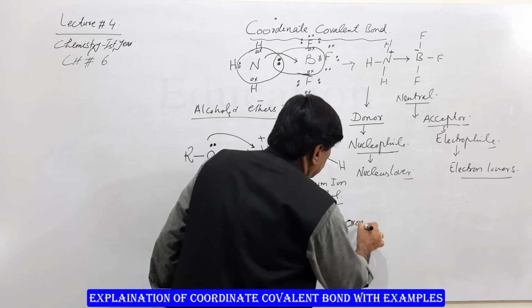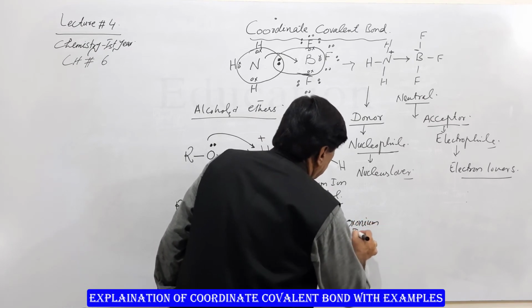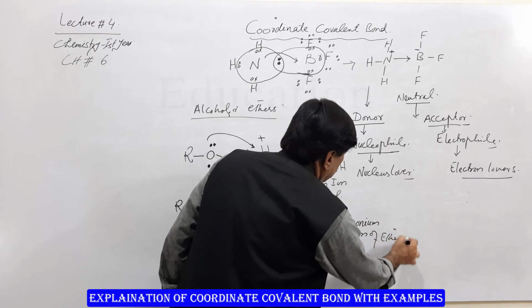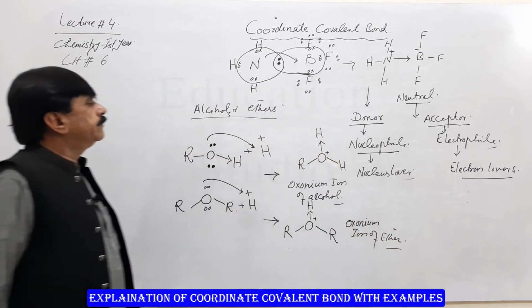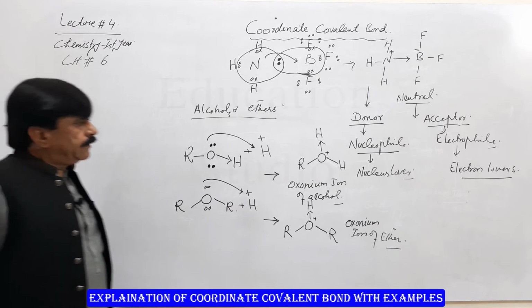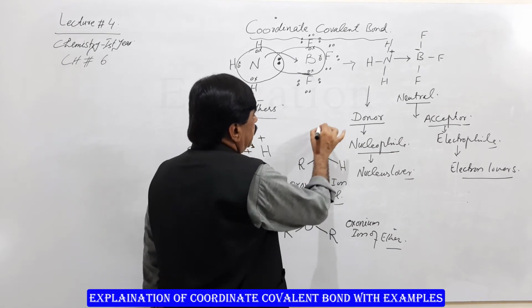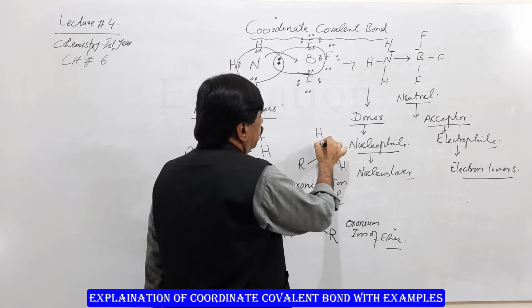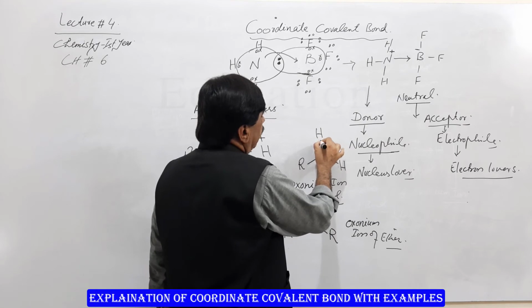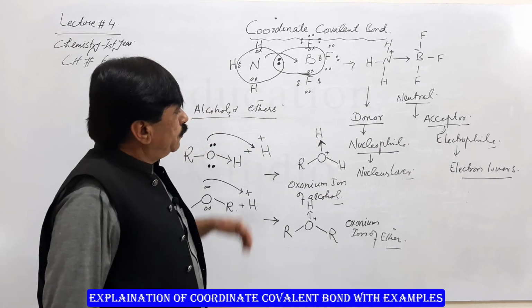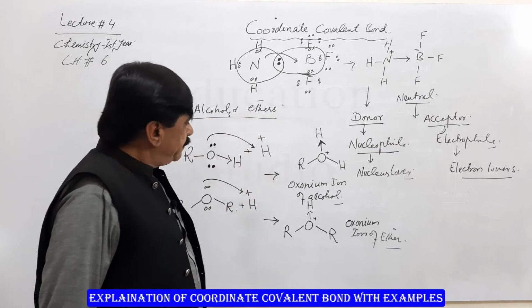The bond between the oxygen and hydrogen is the coordinate covalent bond, and the arrow indicates the direction of the donation of the electron pair towards the hydrogen atom.